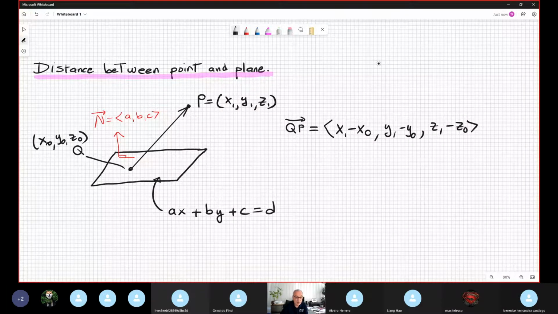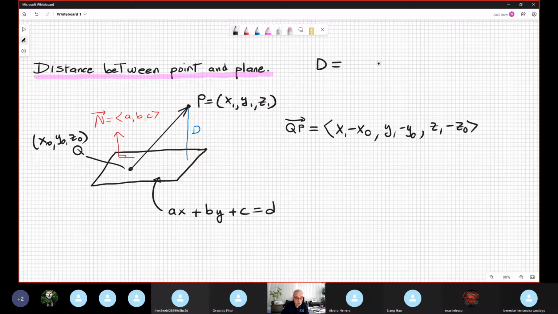Now, what's my goal? My goal is to find that distance, D. So it is obvious that we can do that using projection. How? Well, D is equal to the projection.